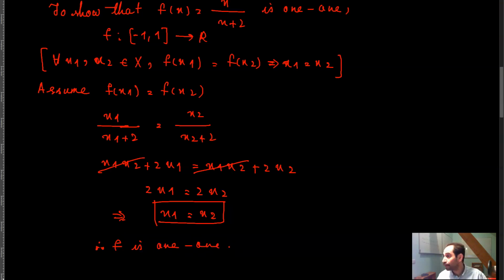Right? Now let's take a look at the solution here. There is also a hint here. Let me take a look at the hint. It says that for y belonging to the range of f, y is equal to f of x, which is equal to x over x plus 2 for some x.